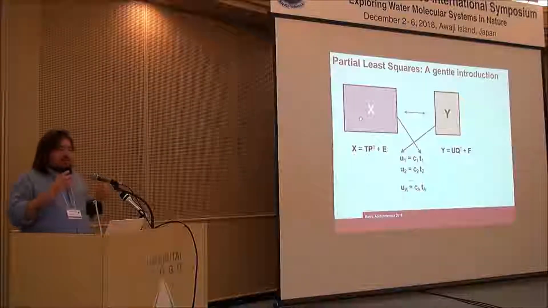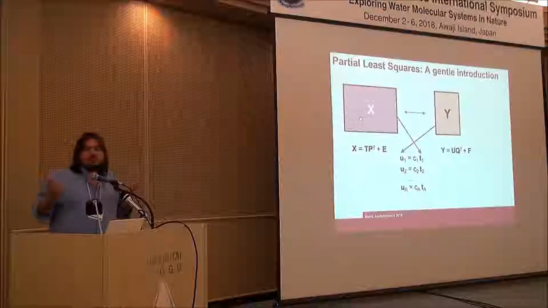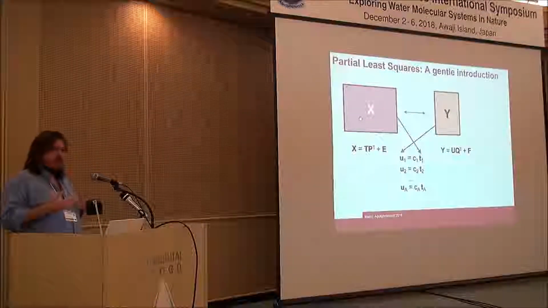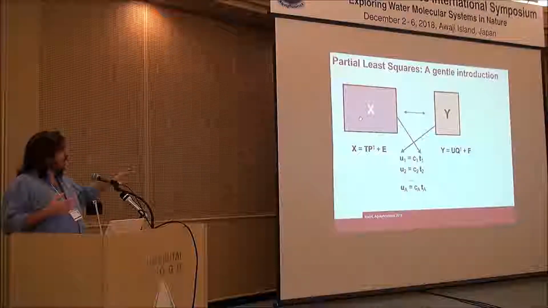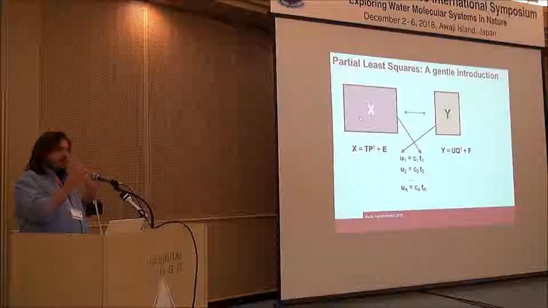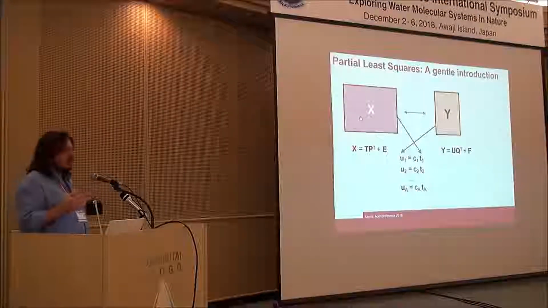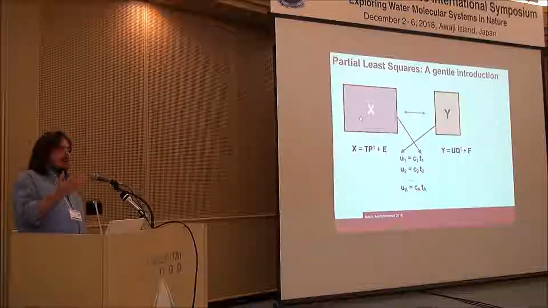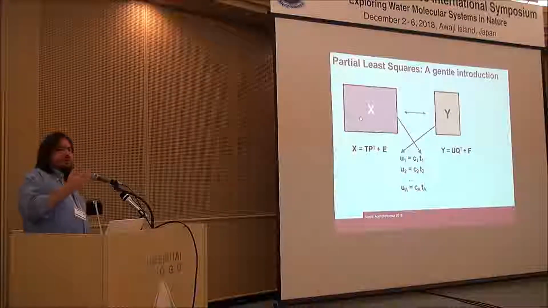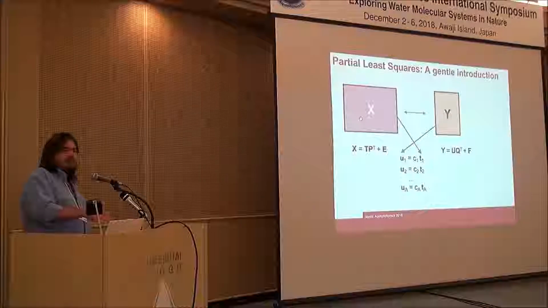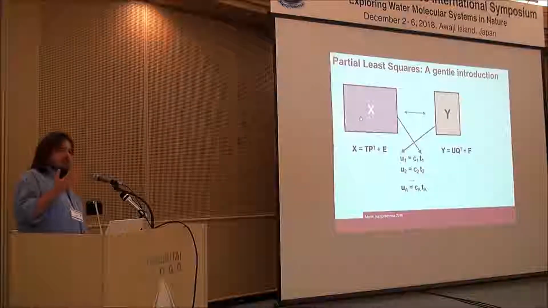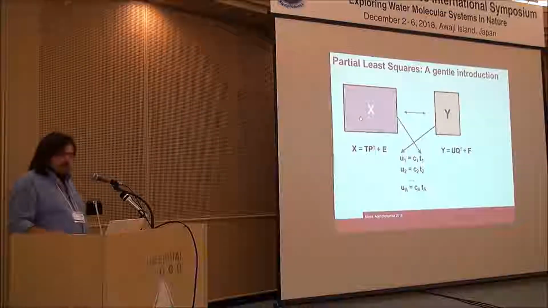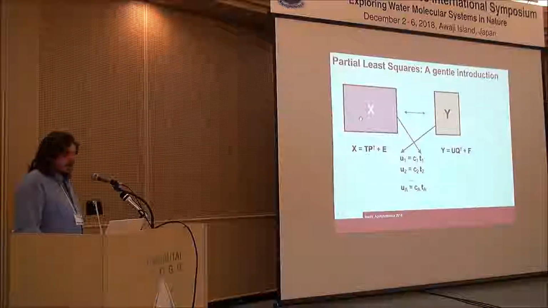And just to give you an idea, for the person who may not be familiar with partial least squares regression, I will first give a very qualitative idea behind the algorithm, because the problem with PLS is that sometimes it's difficult to understand without referring to the original algorithm. It's more an algorithmic method than a conceptual method, but we can also put the concept behind the algorithm and make it understandable.